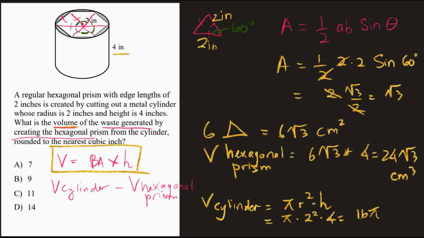Now we get 16 pi minus 24 square root of 3. And if we count with a calculator, it will be 8.69 cm cube. So if we round it off to the nearest cubic, it will be 9.